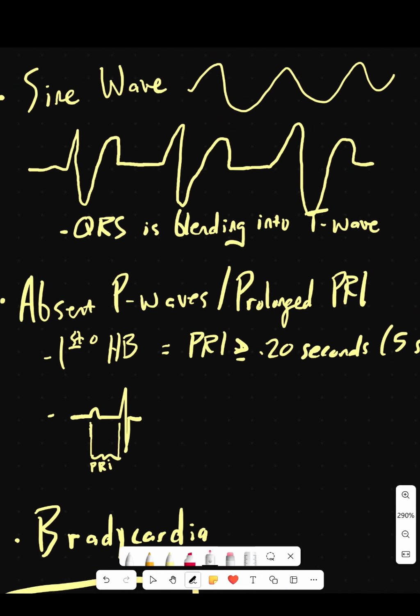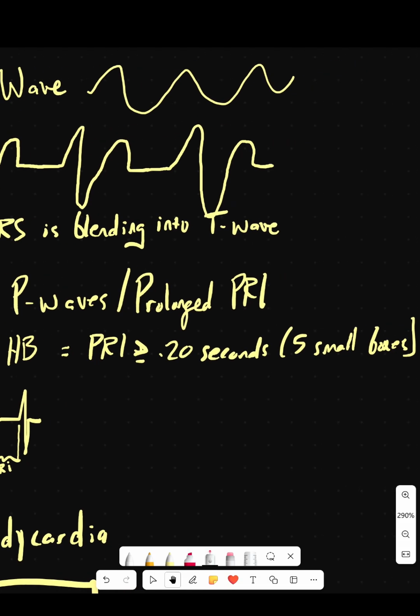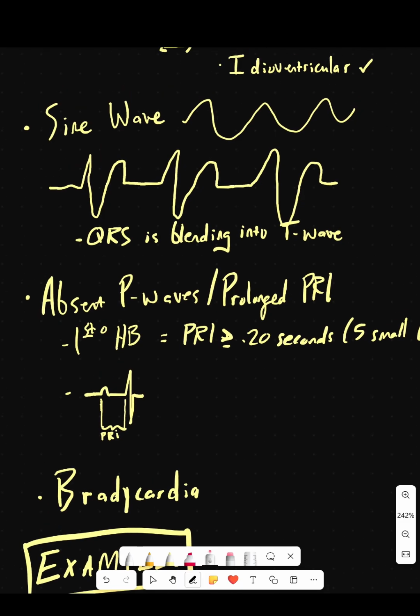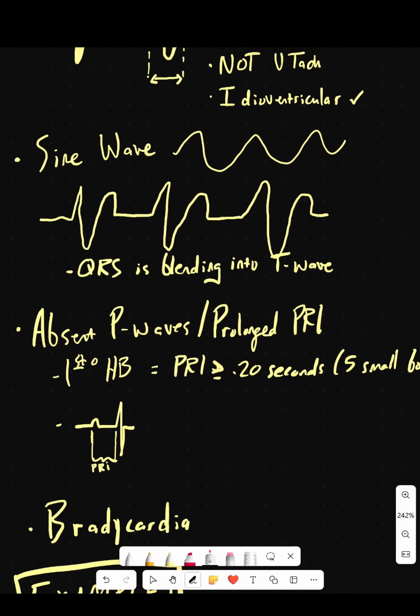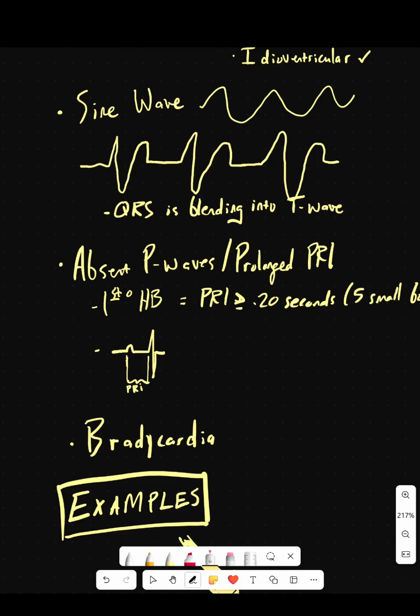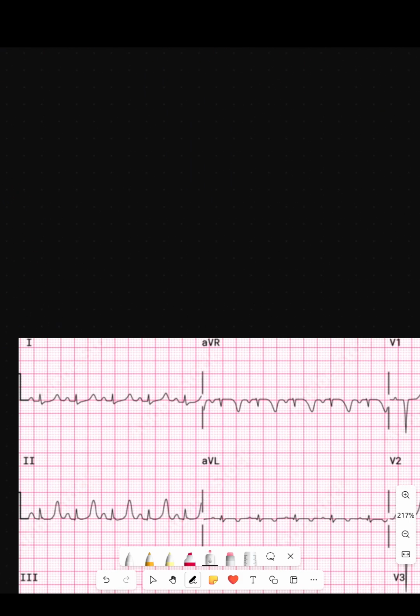And that would be anything longer than 0.2 seconds or 5 small boxes, all right? Now you can see prolonged PRIs for a variety of reasons, but this is just one of those scenarios that you might see that, all right? And again, this is a bradycardic patient. So let's look at some examples of this, all right?